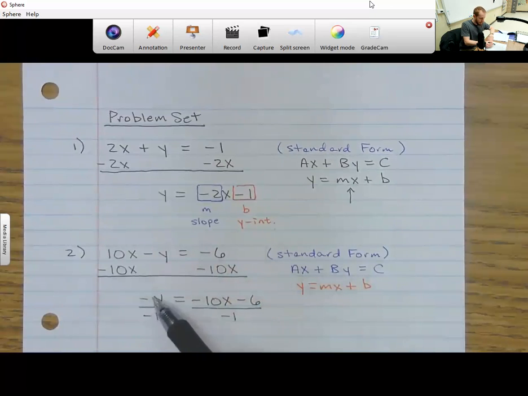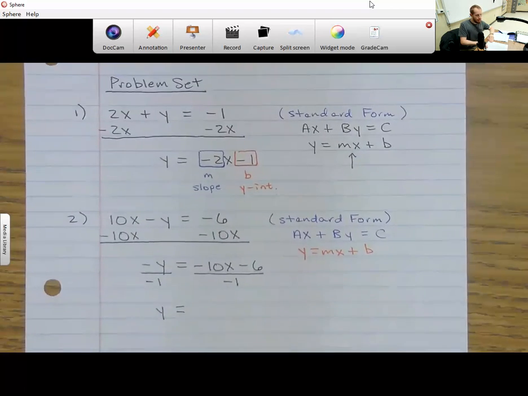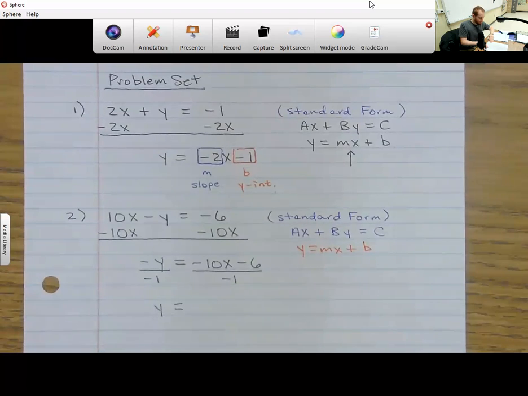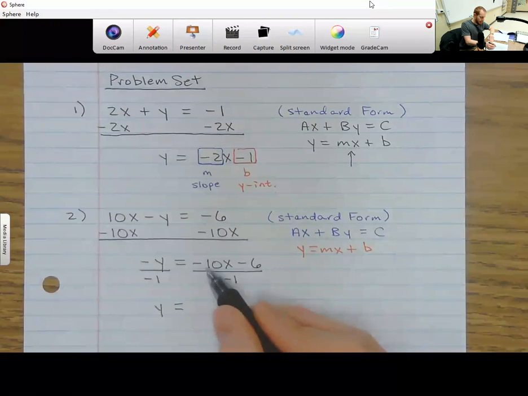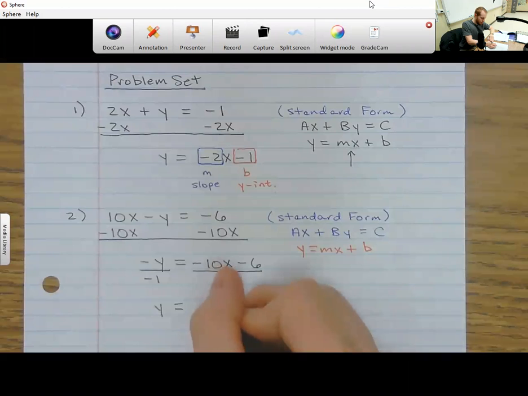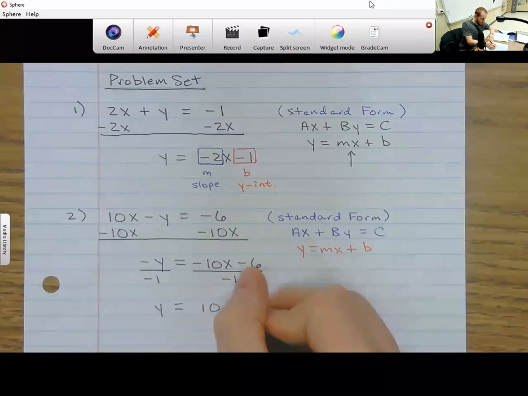What's that going to do? Well, the negatives are going to cancel out over here. I'm only going to be left with a positive y. And then what's going to be on the right side? Well, I'm dividing everything by a negative 1, right? So the negatives are going to cancel for the 10x. So I'm actually going to have a positive 10x this time.